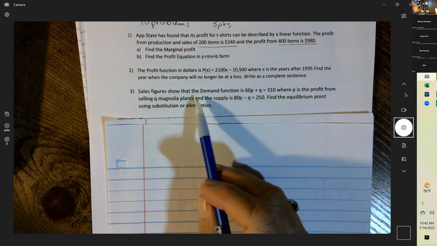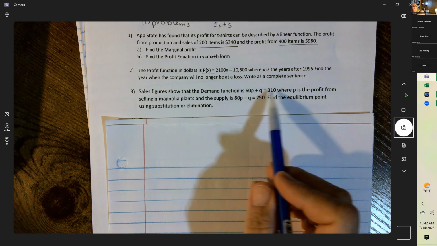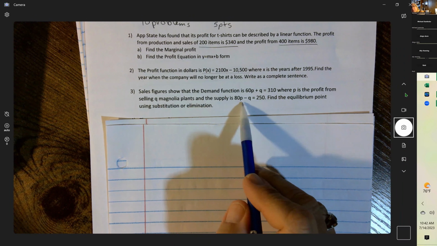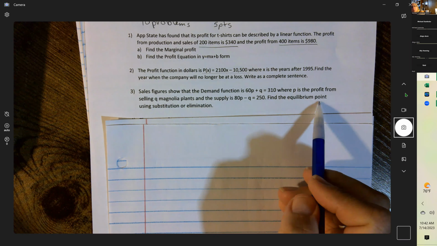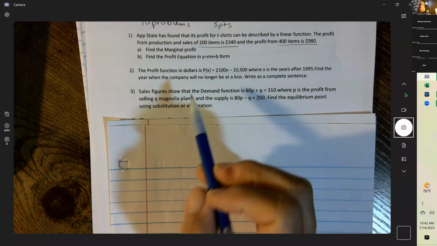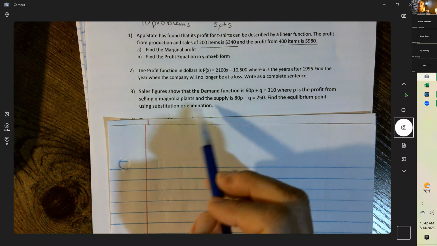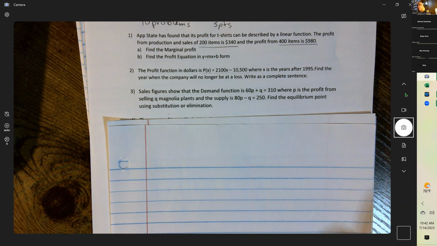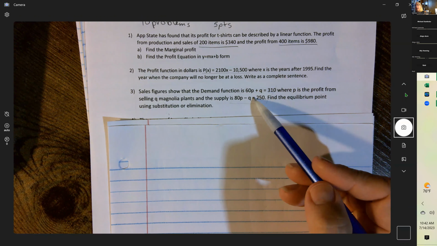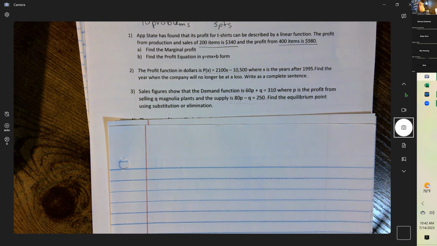Sales figures show that demand function is this, where P is profit from selling Q magnolia plants and the supply is this. Find the equilibrium point using substitution or elimination. So I don't want you to graph it. You can graph it on Desmos and check your answer, but I want to see your work for either one, substitution or elimination. This one, the way it's set up, I would use elimination because notice adding down, the Q's drop out.